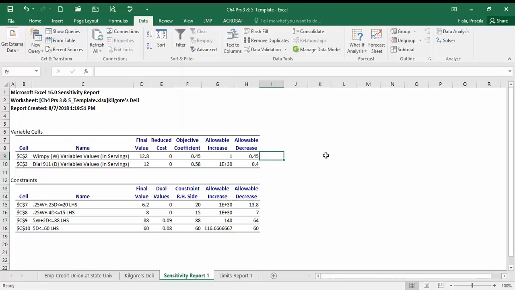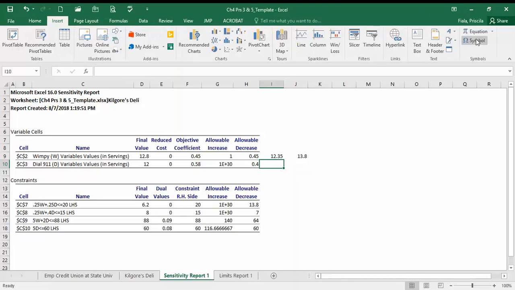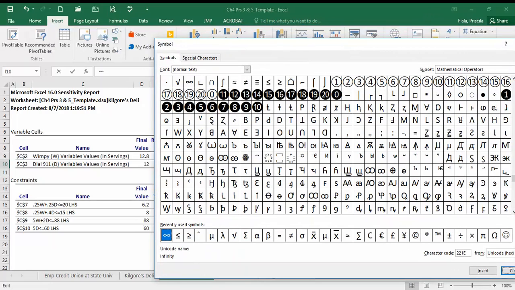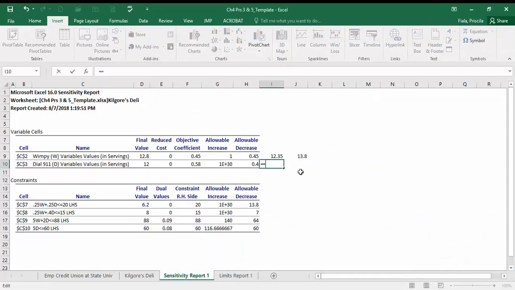So what you can do, when you're calculating, if you want to calculate all the ranges, if I ask you, you already have all the values, how would you do that? Well, right here you can do that. Your final value, we're talking about your decision variables right here. So the allowable decrease is 0.45, and the allowable increase is 13.8. Right here, this is an infinite. So really all we can do is insert a symbol, the infinite symbol, and close over here.